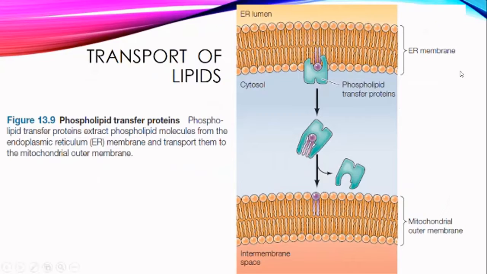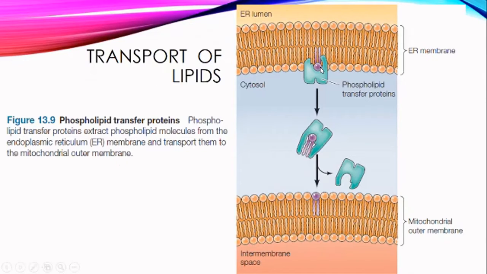So, how are the lipids transported in the membrane? Now, from the ER, the phospholipid transfer protein extracts phospholipid molecules from the endoplasmic reticulum and transports them to the mitochondria on the outer membrane.